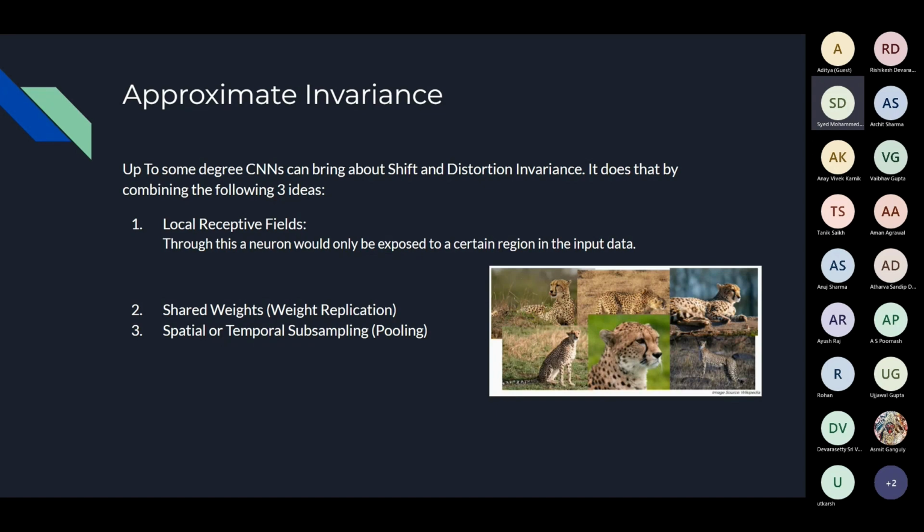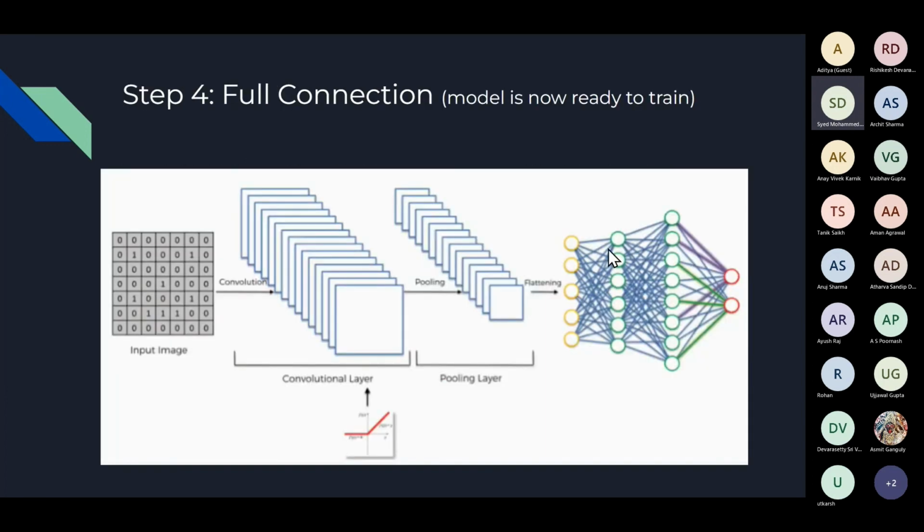So the first one was the local receptive fields, right? So what do I mean by receptive fields? What happens is a neuron is only exposed to certain regions in the input data, and not actually connected to all the parts of the input data. For example here we have all of these connections made.